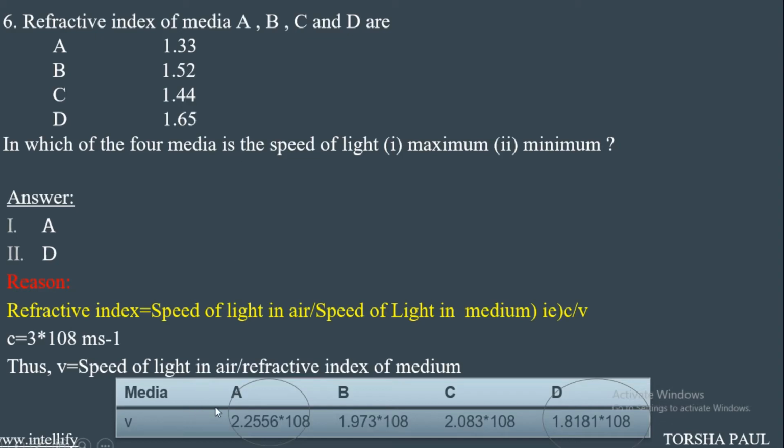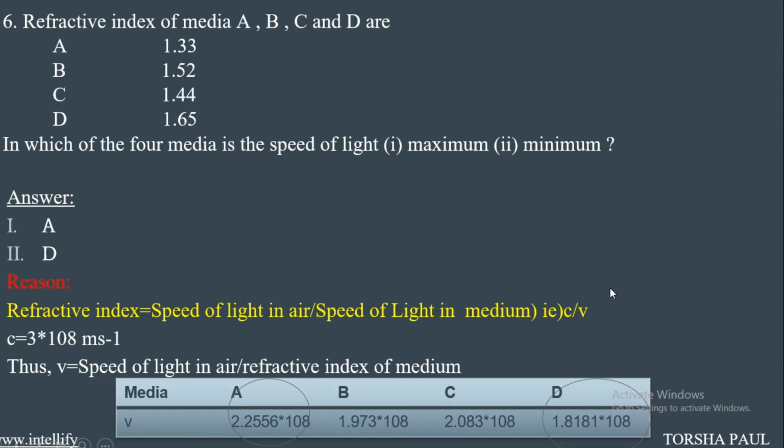I am putting all the values in tabular form. From the tabular form, you will observe that A has the maximum and D has the minimum. Okay, A only has 2.255, which is greater than all media B, C and D, and D has the minimum speed of light, that is 1.81 into 10 power 8. Others are greater than D. Okay.